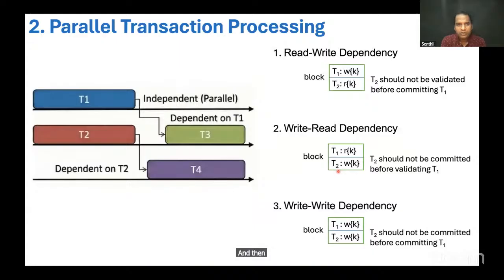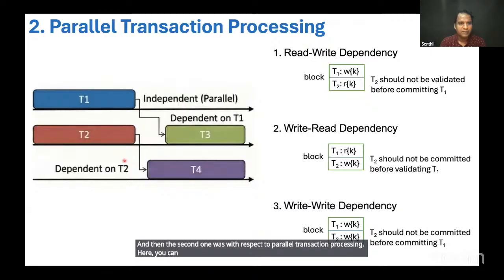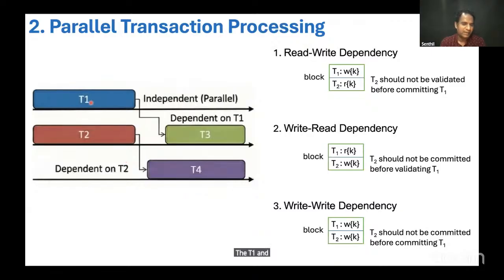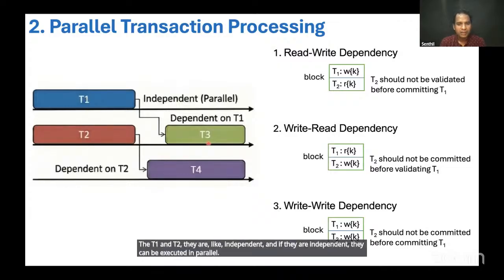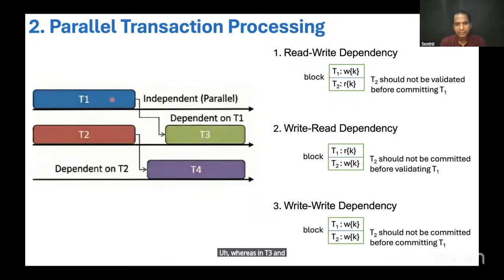The second one is parallel transaction processing. Here you can see in this figure that T1 and T2 are independent, and if they are independent, they can be executed in parallel. Whereas T3 and T4 are dependent on T1 and T2, so they have to wait for the execution of T1 and T2. Now you may wonder what these dependencies mean. The dependency is nothing but what values they are reading and writing.